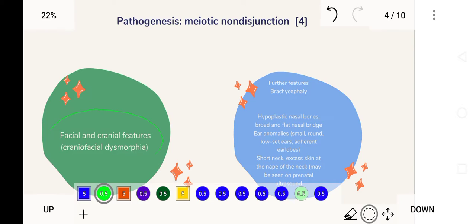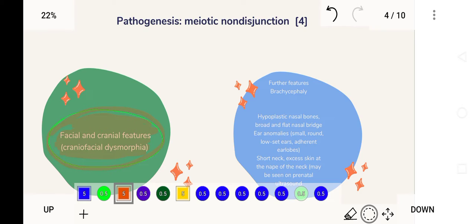There are facial and cranial features. Faciocranial dysmorphogenesis in the patient with Down syndrome: the patient will have a flat face and abnormal facial appearance, and periorbital epicanthal folds will be there.